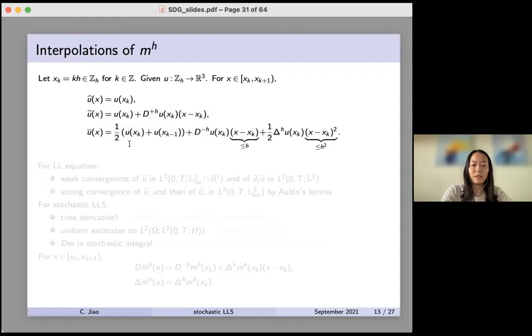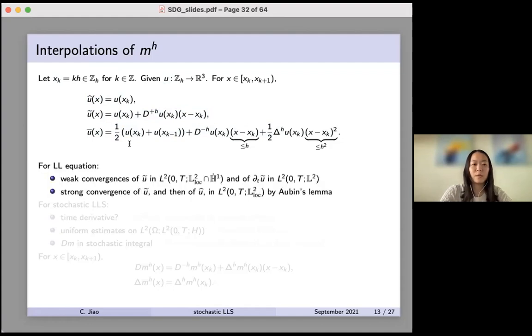Let's just have a quick look at how the arguments run for the classic Landau-Lifshitz equation without the noise. In that case, we will have nice uniform estimates from which we can derive weak convergence of the linear interpolation in L2 time, L2 local intersecting H1 dot space. And we should also have weak convergence of the time derivative of the linear interpolation in an L2 space.